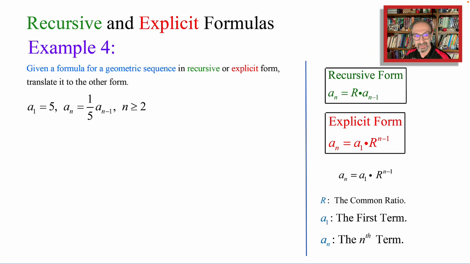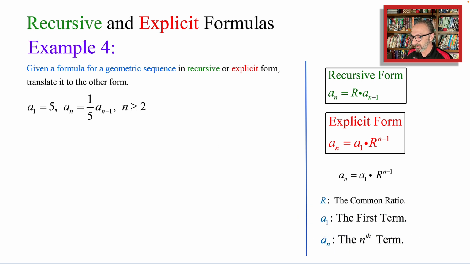So it relates any term to the previous term, because that's how you go forward. From any term to the next term, you multiply by R. Or the explicit form, which is written right here, the one that we used for the previous examples. Of course, R is the common ratio, a sub 1 is the first term, and a sub n is the nth term.